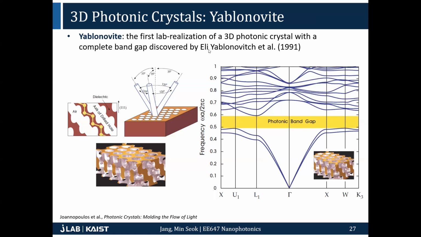He is still an active researcher at UC Berkeley, and this is his first theoretical calculation of a full 3D photonic band gap. That's called Yablonovite, following his name, Yablonovitch.